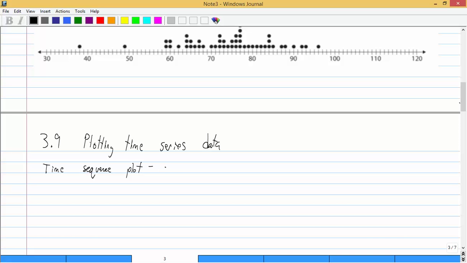So it graphs data using time as the horizontal axis, in a bar graph or line graph.